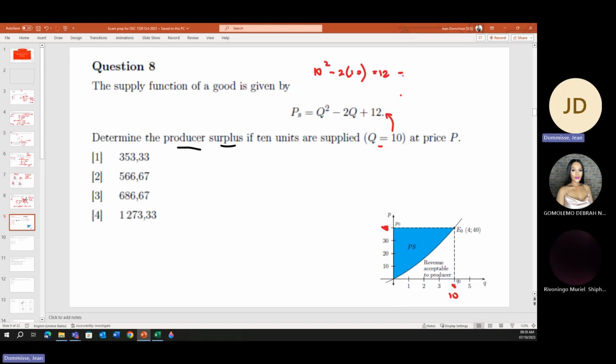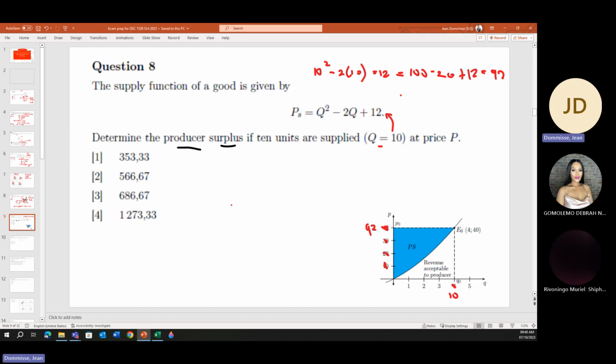So that is 100 minus 20 plus 12, which gives me 92. Okay, so that is 92. Let's take all of these things away.